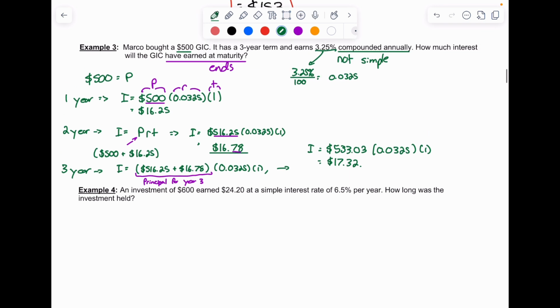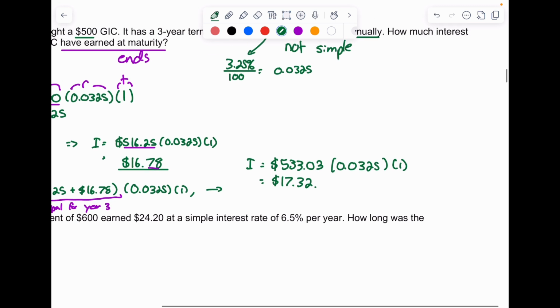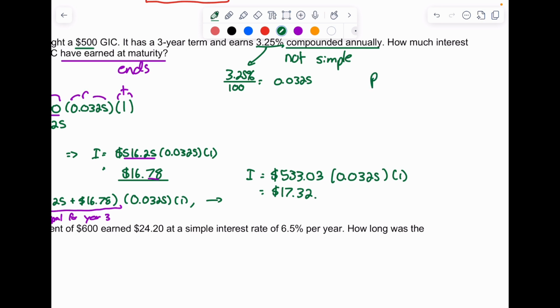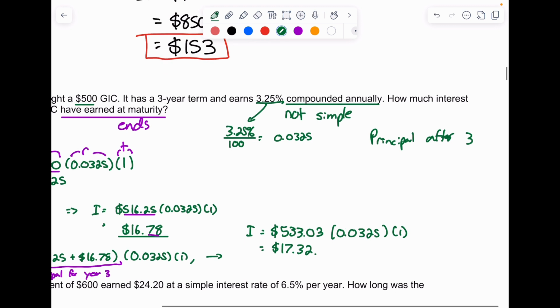So how much interest will GSE have earned at maturity? Well, let's look at what our final balance is. Actually, it wouldn't be the principal. It would be your final amount after 3 years.